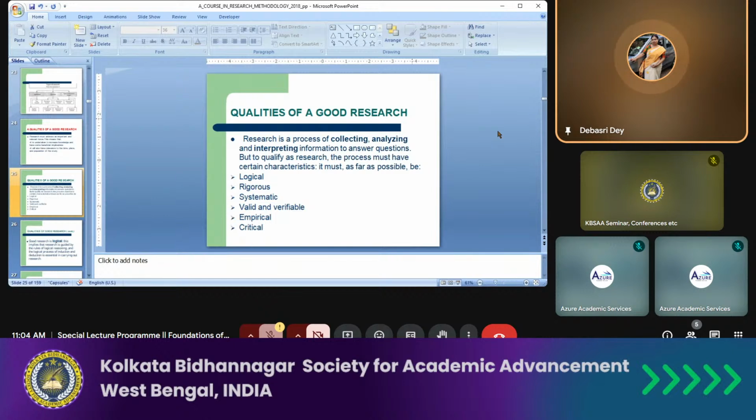It will be systematic, valid and verifiable. At least some empirical evidence will be there, because even in pure qualitative research, without a single empirical involvement, it is also based on research already done. You cannot cover the research conclusions without a simple empirical involvement, and research should be critical.